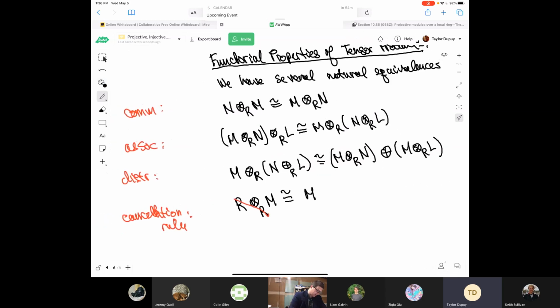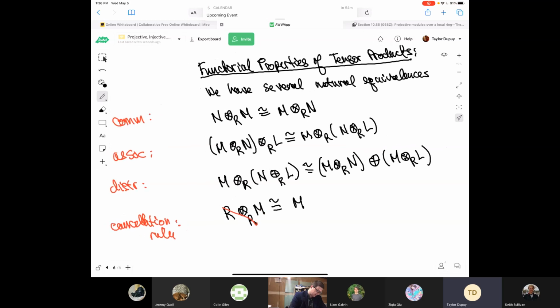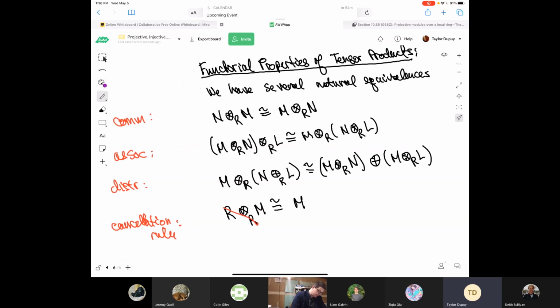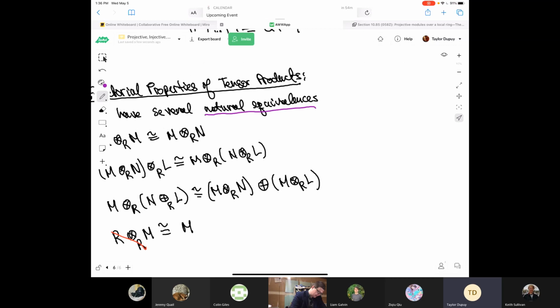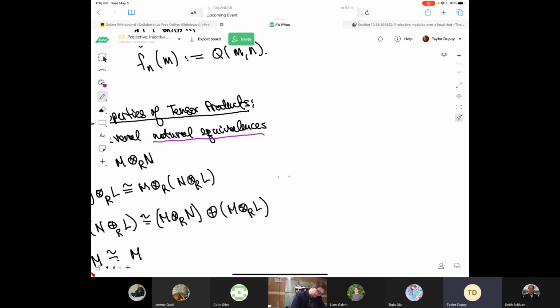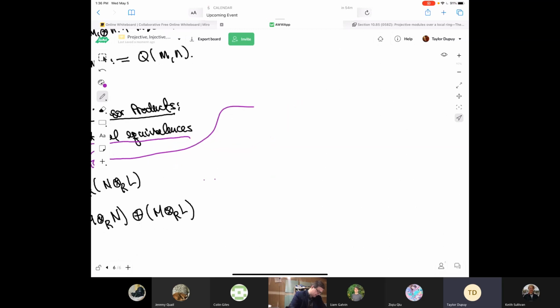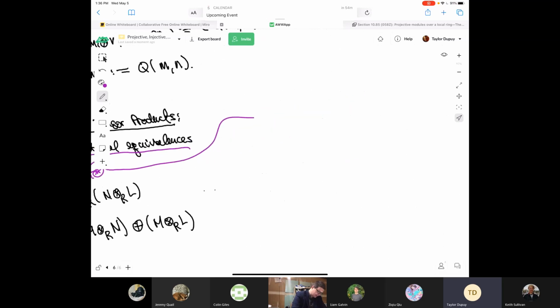And what do I mean by functor? What do I mean by natural equivalence? Let me do that part over here. I'm just going to explain it in this particular case. For this direct sum, or the tensor product, we have two functors from pairs of modules to modules.